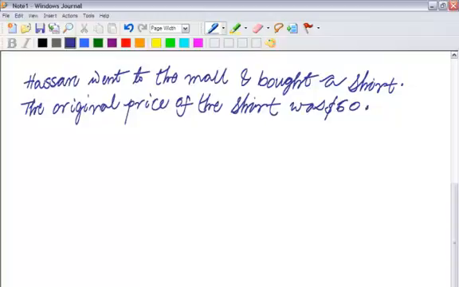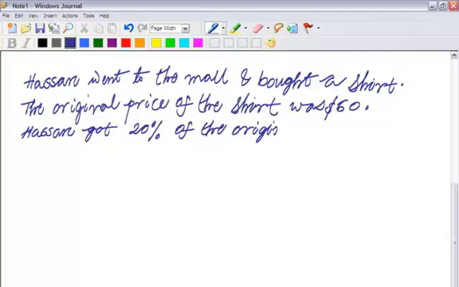Now, the tag says it's on sale, okay? So let's say Hassan got 20% of the original price as discount.